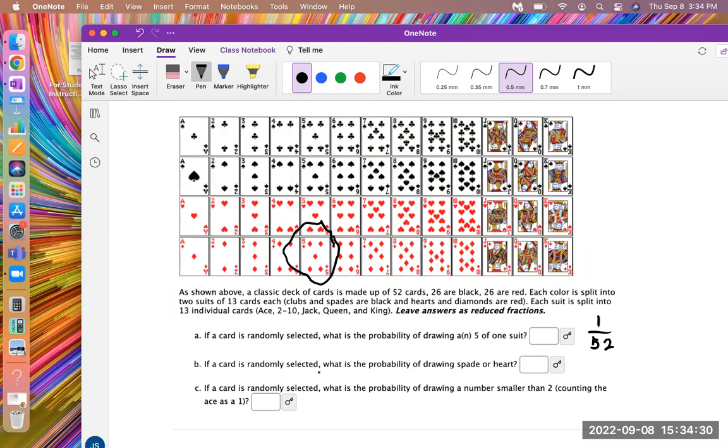Then, if a card is randomly selected, what is the probability of drawing a spade or a heart? These are mutually exclusive because when you pick a card, it cannot be both a spade and a heart at the same time.